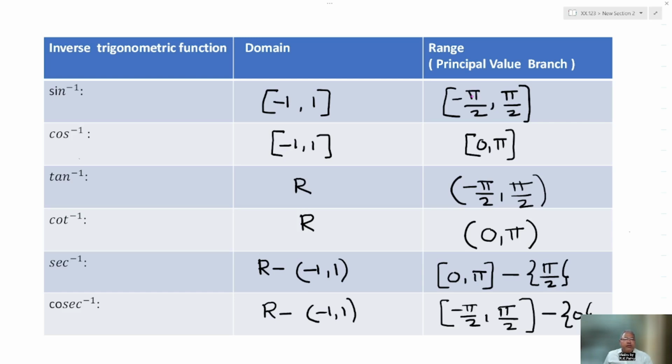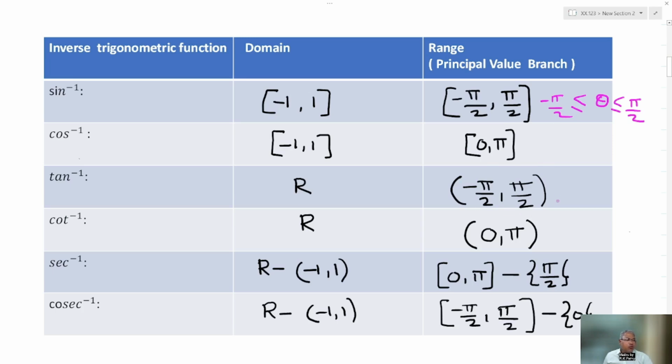Here I have the inverse trigonometric functions and their principal value branches. For the sine inverse function, the principal value is the closed interval minus pi by 2 to pi by 2. The closed interval means theta is greater than or equal to minus pi by 2 and less than or equal to pi by 2. Similarly, for cos inverse, the principal value is the closed interval 0 to pi.